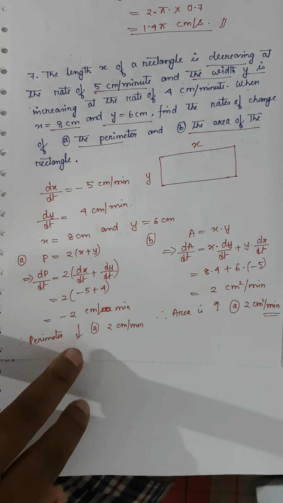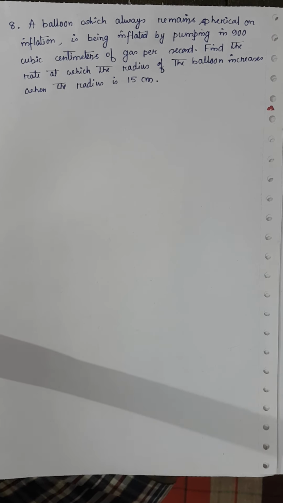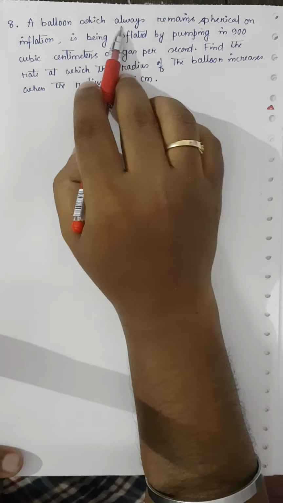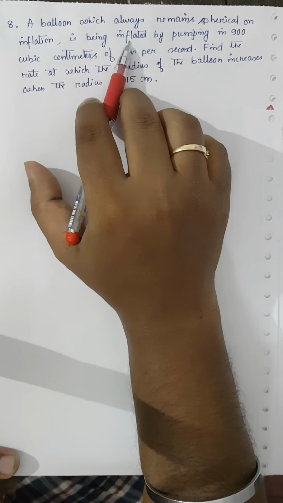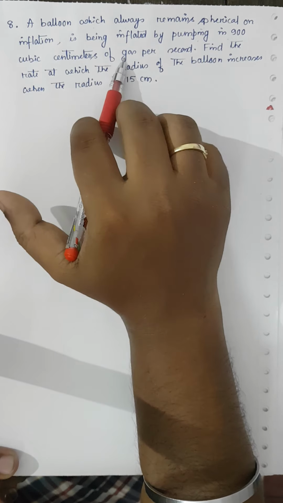This is a very good question of NCERT book. Now it is question number 8. A balloon which always remains spherical on inflation is being inflated by pumping in 900 cubic centimeters of gas per second.